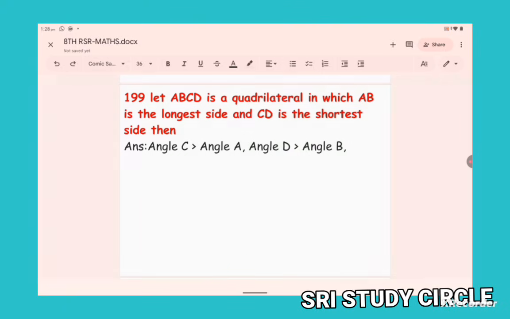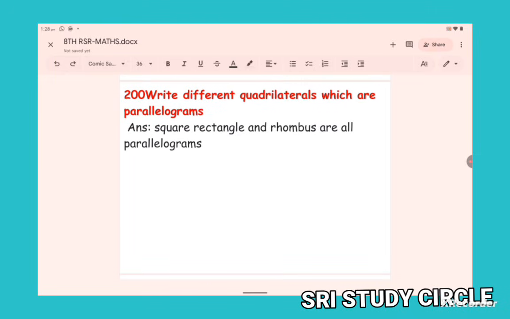Now the next question. Write different quadrilaterals which are parallelograms.